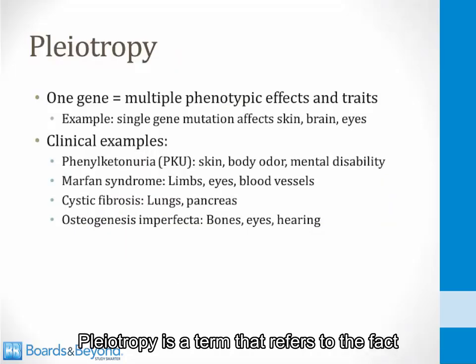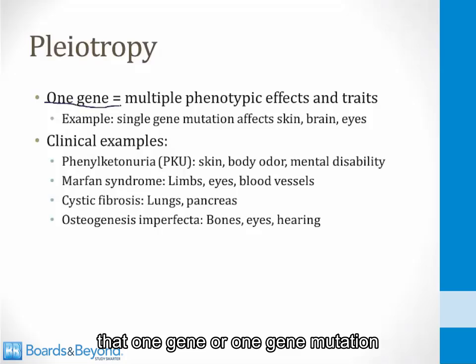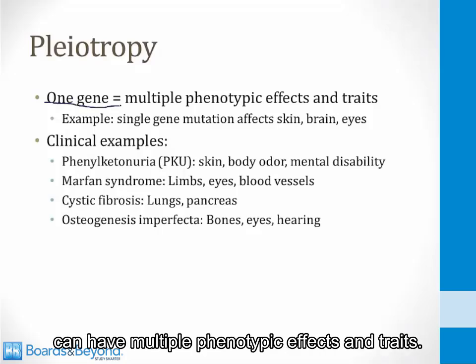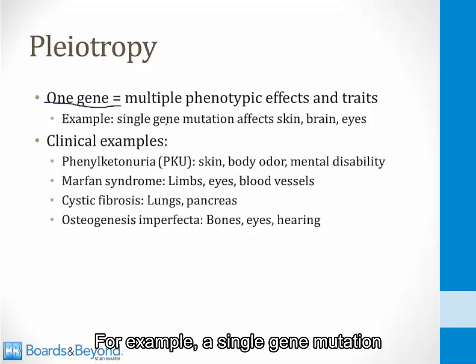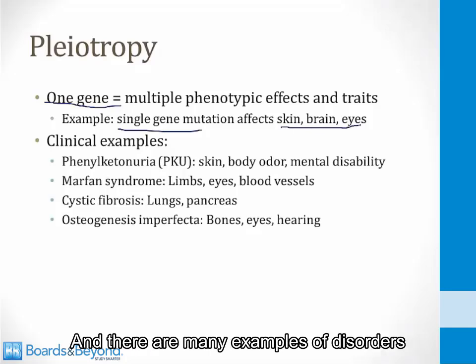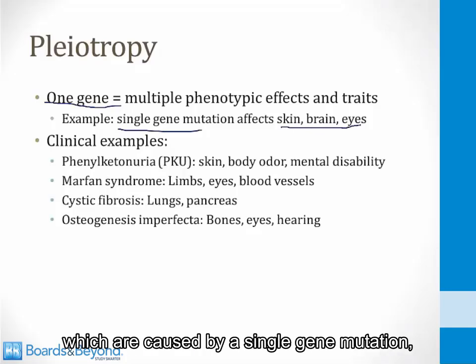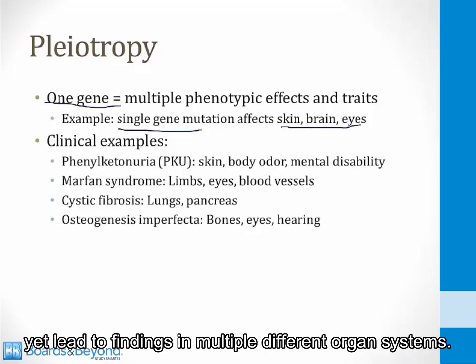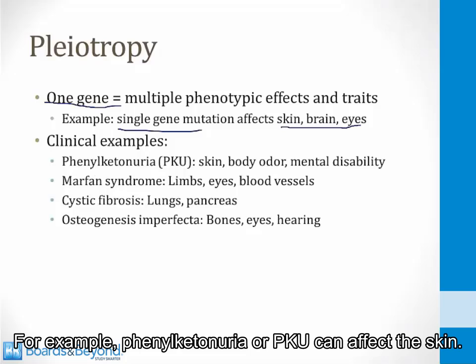Pleiotropy is a term that refers to the fact that one gene or one gene mutation can have multiple phenotypic effects and traits. For example, a single gene mutation could affect the skin, the brain, and the eyes. And there are many examples of disorders which are caused by a single gene mutation, yet lead to findings in multiple different organ systems. For example, phenylketonuria or PKU can affect the skin.